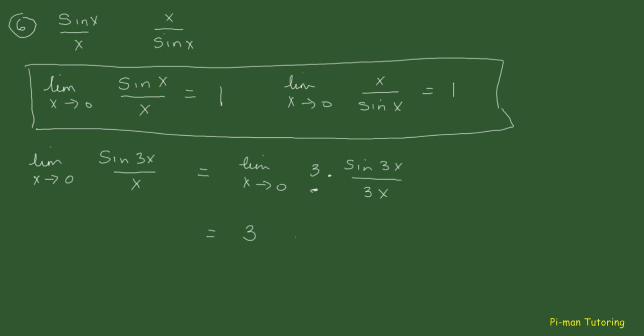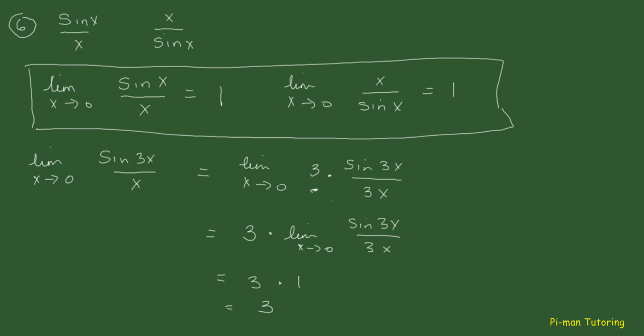It's independent of x. So this is 3 times the limit as x tends to 0 of sine 3x over 3x. And this is 3 times 1 or 3.